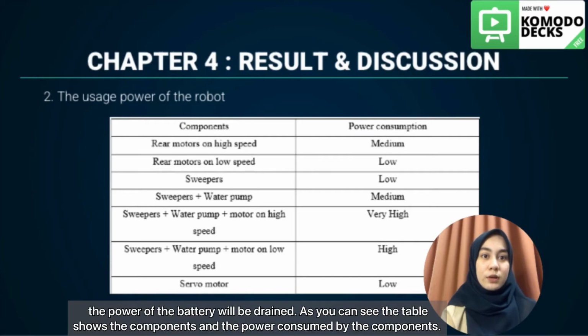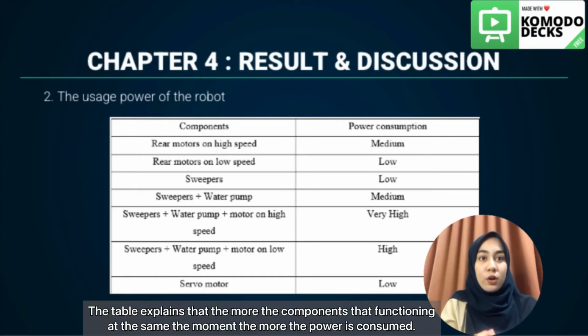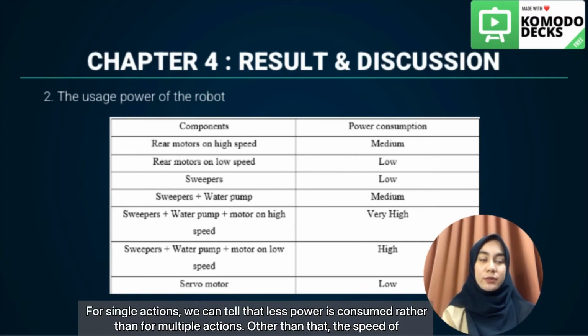As you can see, the table shows the components and the power consumed by each. The table explains that the more components functioning at the same time, the more power is consumed. For single actions, less power is consumed than for multiple actions.